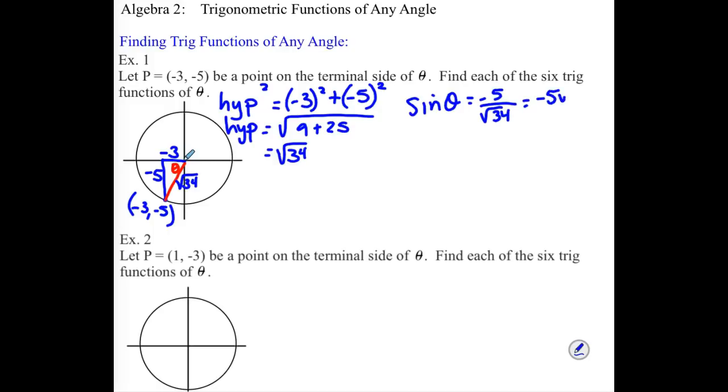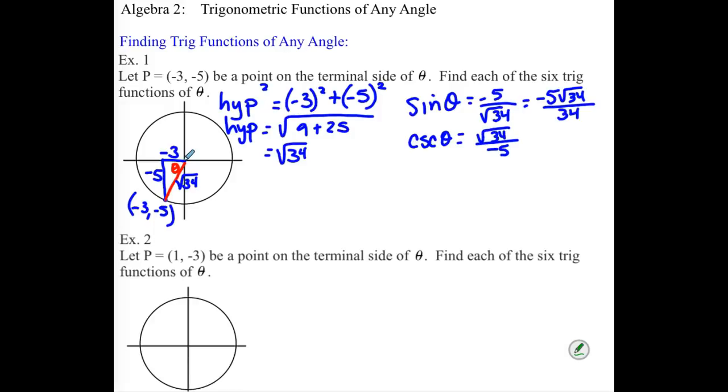Rationalized, that would be -5 root 34 divided by 34. And they do want all 6 trig functions, so let's go ahead and do the reciprocal of that right away. Cosecant, we're going to take the reciprocal of -5 divided by the square root of 34. So we're going to get the square root of 34 divided by -5.